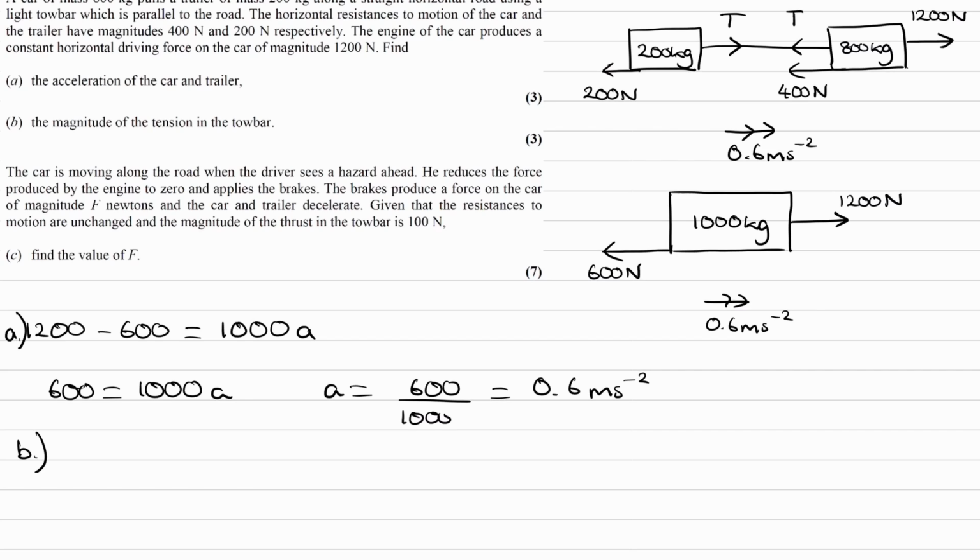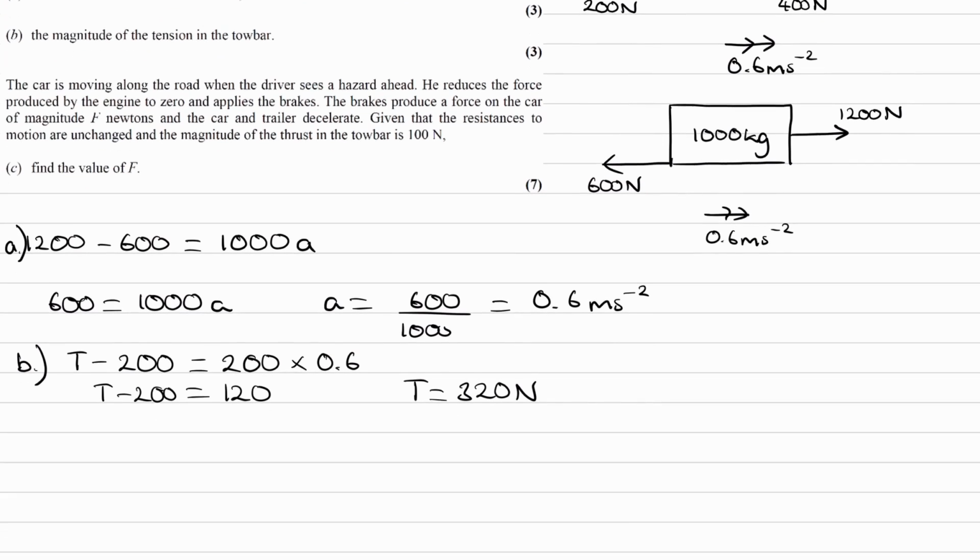For the trailer, there is a force of T towards the right, and a force of 200 towards the left. So the resultant force to the right will be T minus 200, and that's equal to the trailer's mass multiplied by the acceleration. So T minus 200 is equal to 120, and then T is equal to 320 newtons.